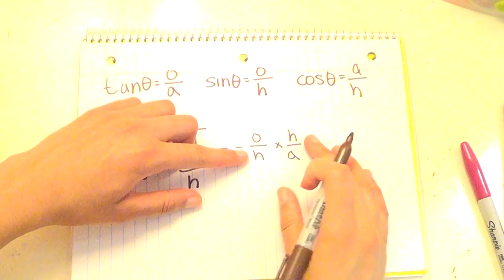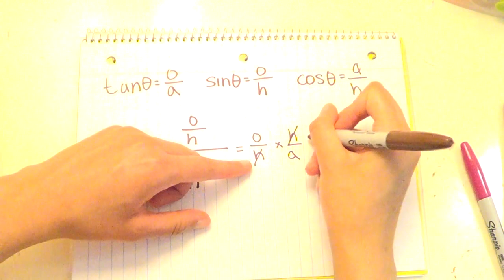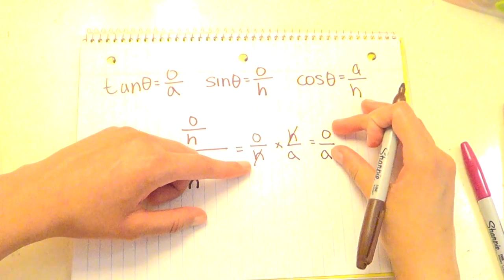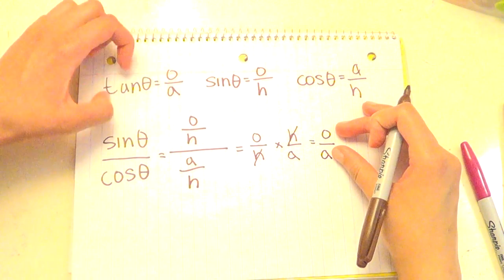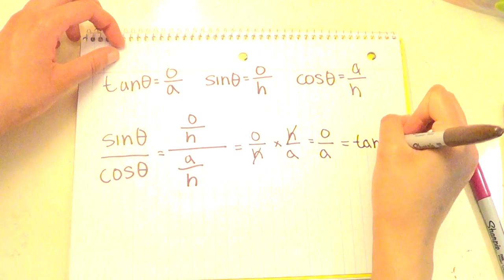And then if you simplify this, the hypotenuses would cancel out, and you would be left with opposite over adjacent. And opposite over adjacent equals tangent. So this would equal tangent theta.